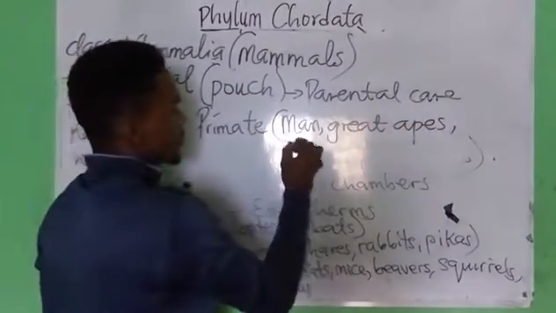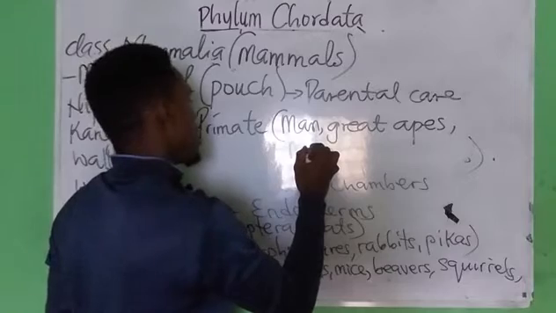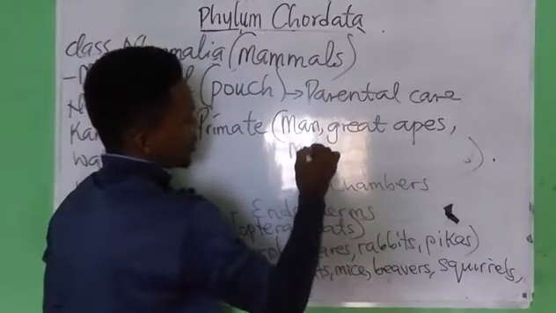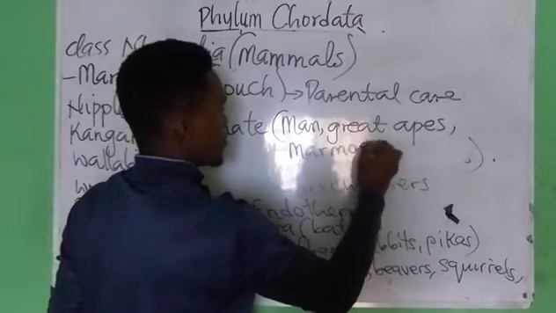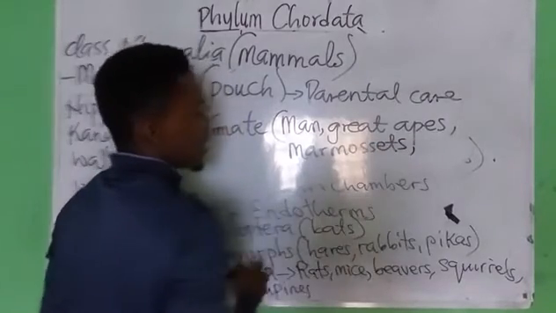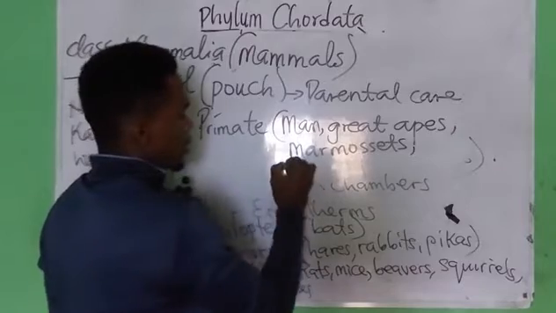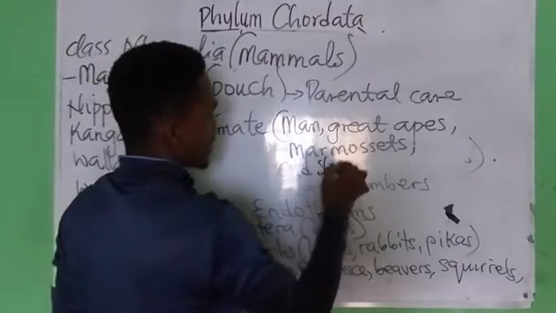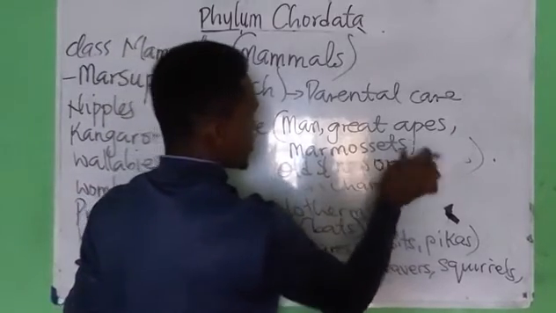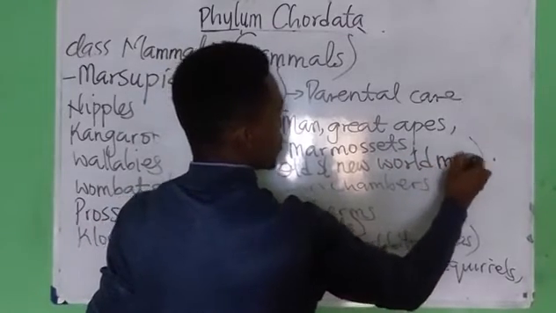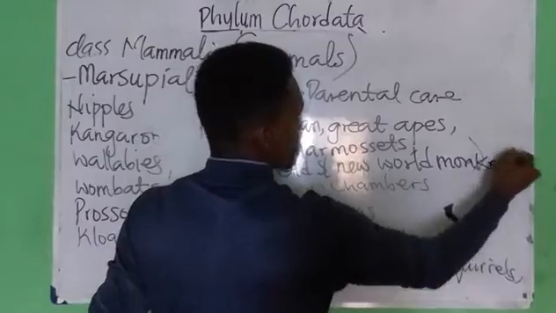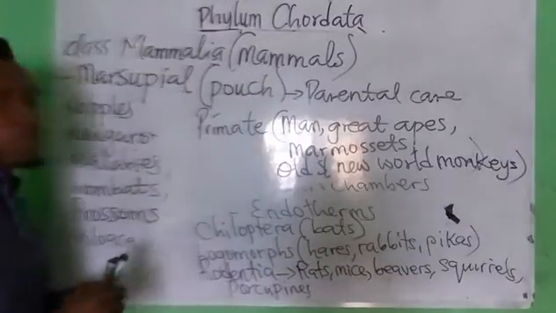You now have the marmosets. You have marmosets, and you have the old and new world monkeys. All of these are examples of eutherians.